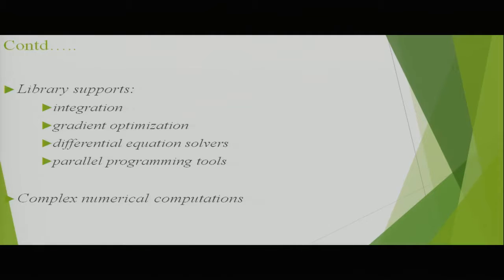Before we go to the next slide, let's look at the history of Python and SciPy in fact. Python was expanded in the 1990s to include an array type for numerical computing called Numeric. This Numeric package was replaced by NumPy in 2006.